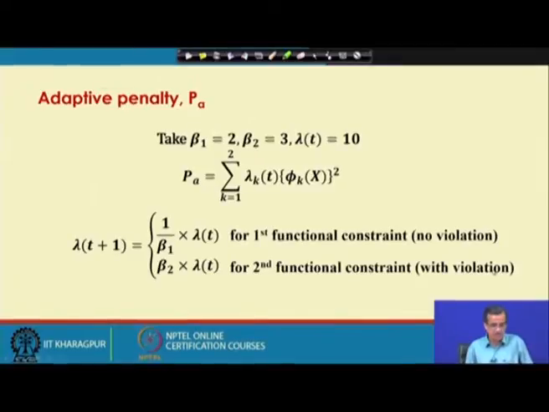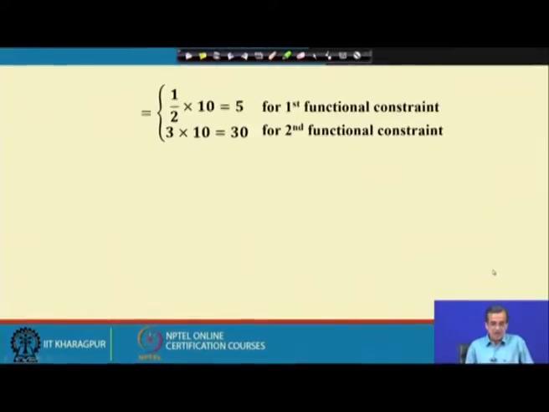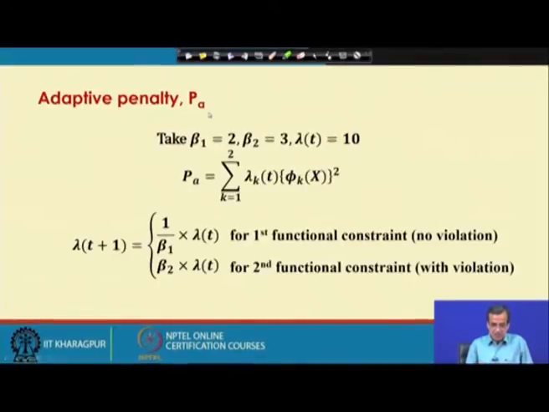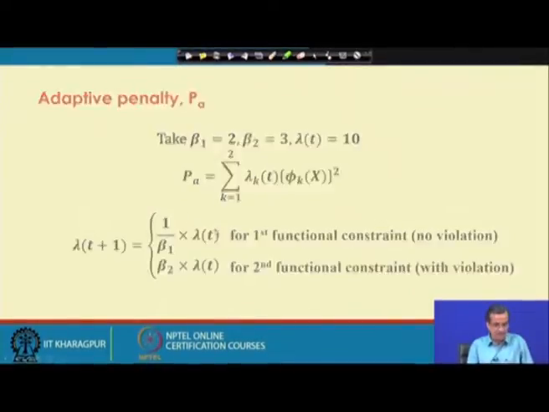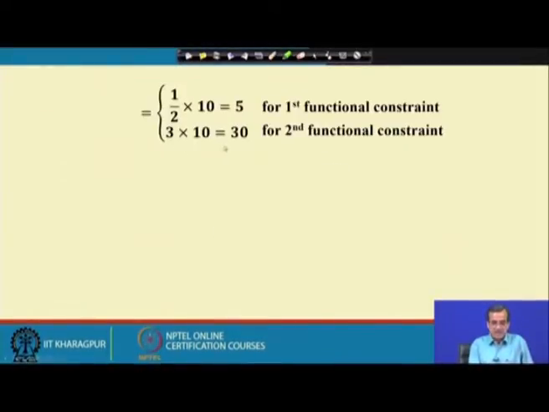Now, if I put the numerical values for the first functional constraint, I will get half multiplied by 10. From where am I getting half? Beta 1 equals 2, so 1 divided by 2 multiplied by 10, and for the second functional constraint, this is 3 multiplied by 10, so 30.